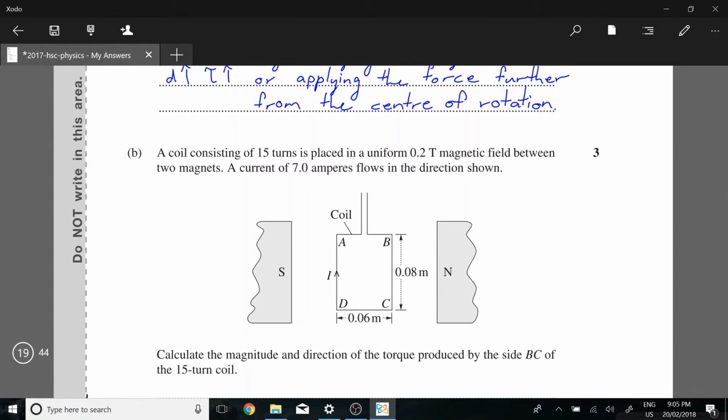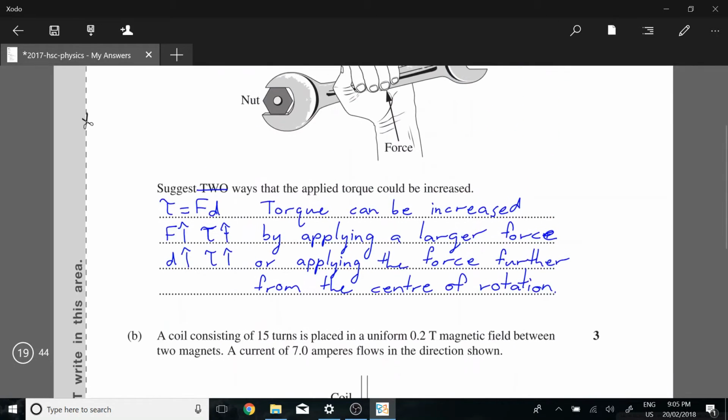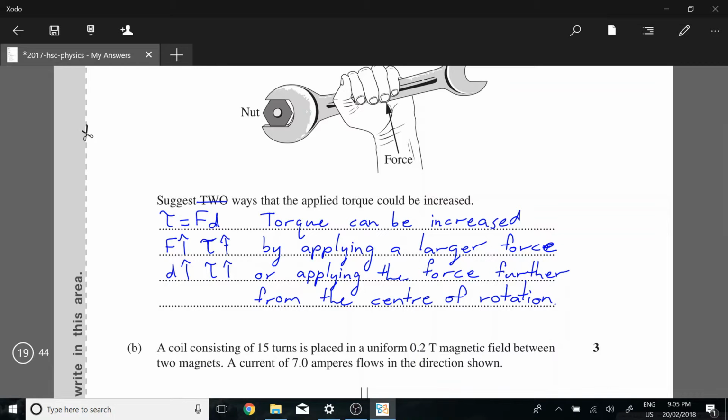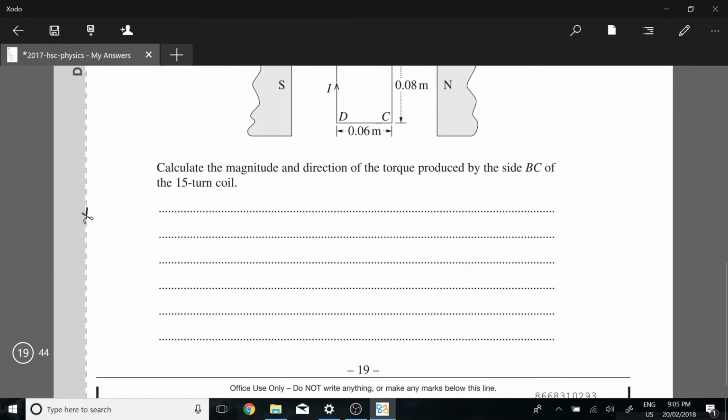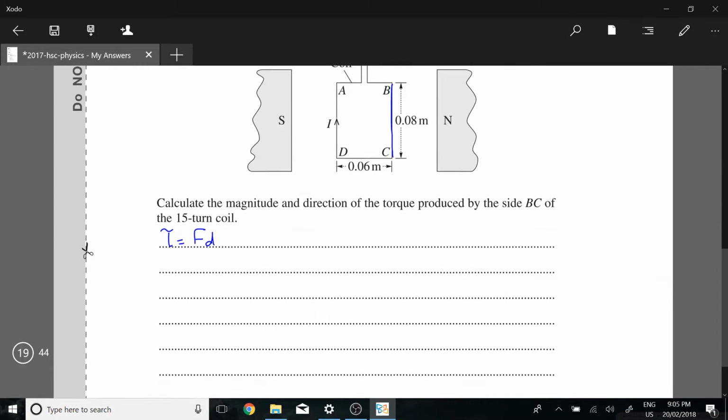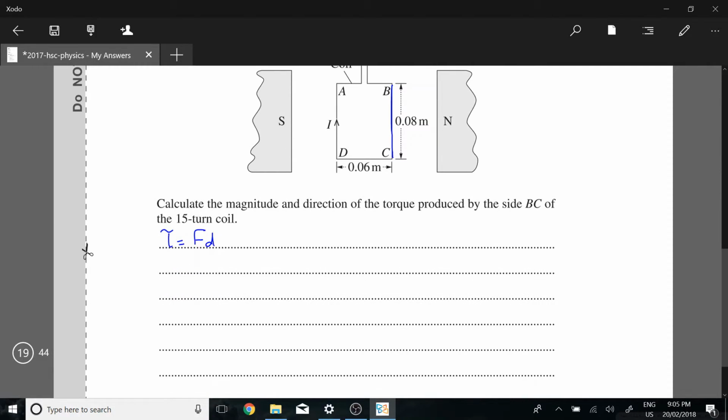So this question is asking us to find the torque, using the torque formula we just used in question A. If torque equals force times distance, we need to calculate the force on side BC and the distance from which it applies.